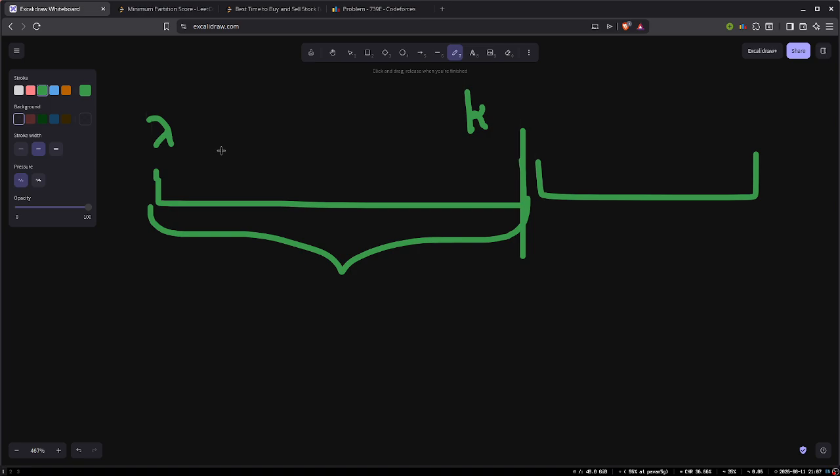I need to find the minimum lambda that would help me pick less than or equal to k items, isn't it? Why? Because I don't want to restrict it to less than k transactions.